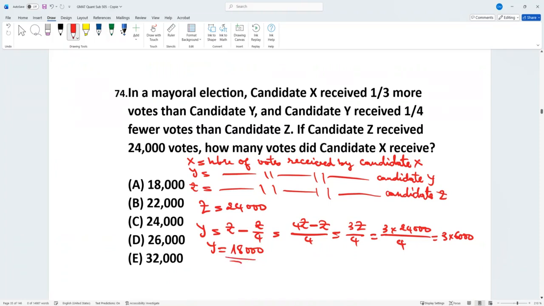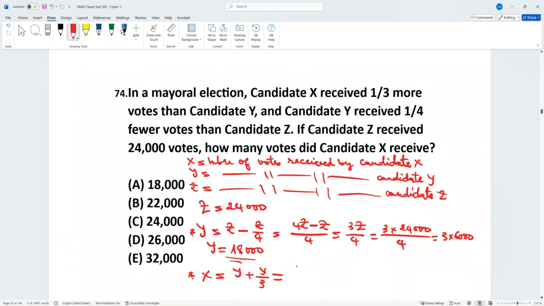So that's Y. With the number of votes received by candidate Y, we can find the number of votes received by candidate X. It says here that candidate X received 1/3 more votes than candidate Y. So it's going to be the votes that candidate Y received plus 1/3 of those votes.